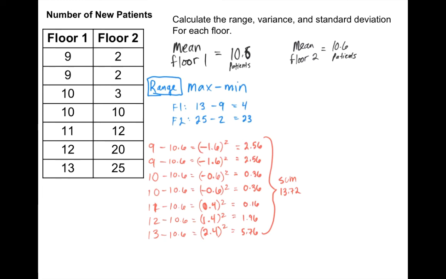We're almost there. We now want to take this and divide it by the sample size minus 1. So we look at how many observations we have. We have 7, so our n, in this case we say n is 7 because there's 7 data points, there's 7 observations. We want to take 1 less than that. So if we subtract 1 from that value, we get 6. Now this is because we are dealing with a sample.